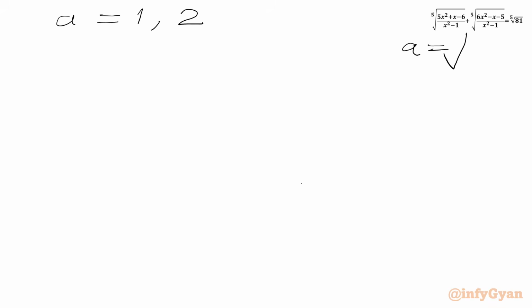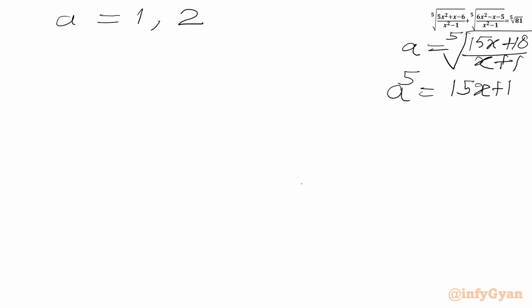Now if I write our substitution here, then I can write a equal to the fifth root of (15x + 18)/(x + 1). So we will write a⁵ will be (15x + 18)/(x + 1).